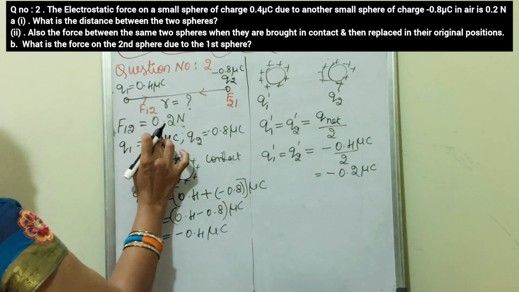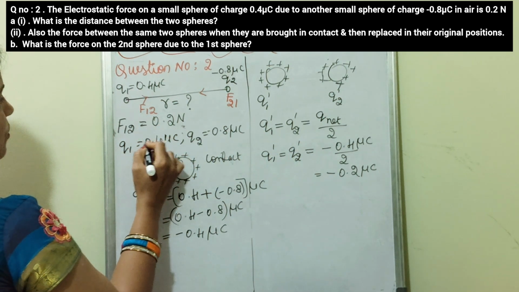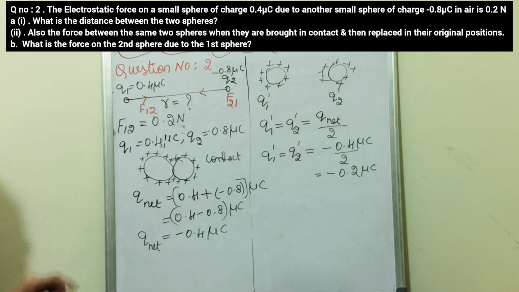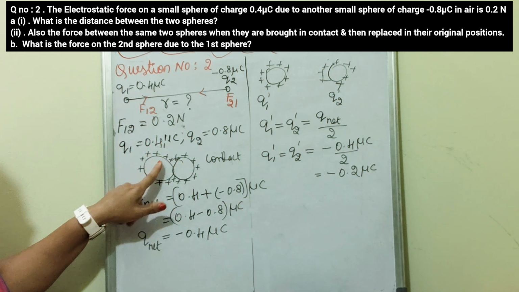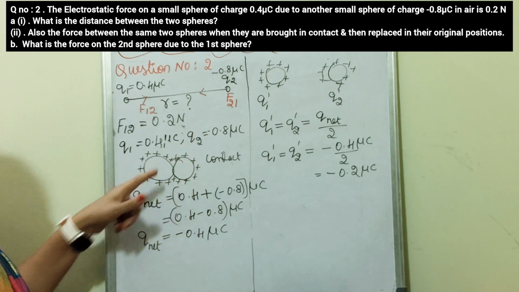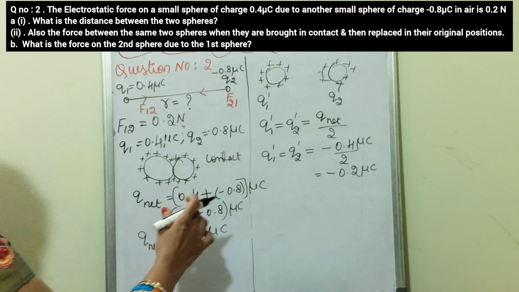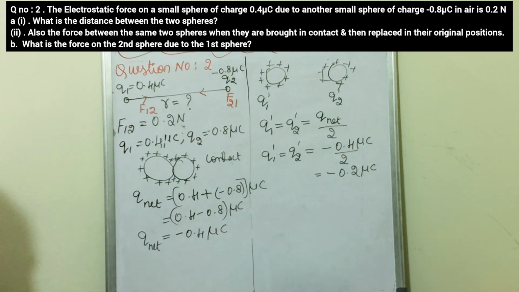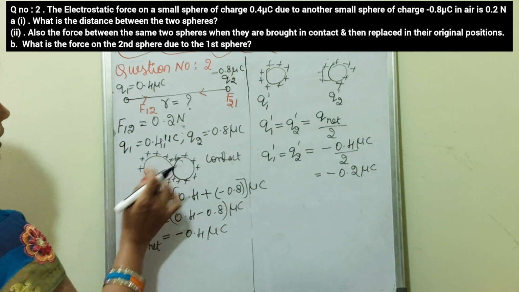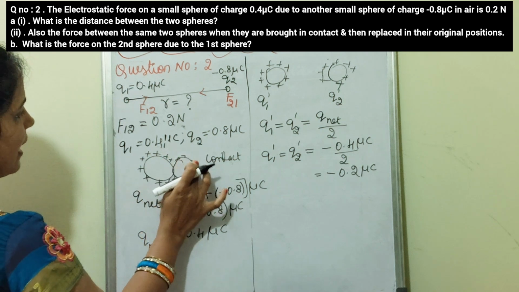Just look at this number. Earlier, what was the charge on the first sphere? It is positive, right? The first sphere was having charge 0.4 microcoulomb. The second sphere was having excess of negative charge, minus 0.8 microcoulomb. Now what happens? Both will be having negative charge once they come in contact. Actually I should write negative here, right?